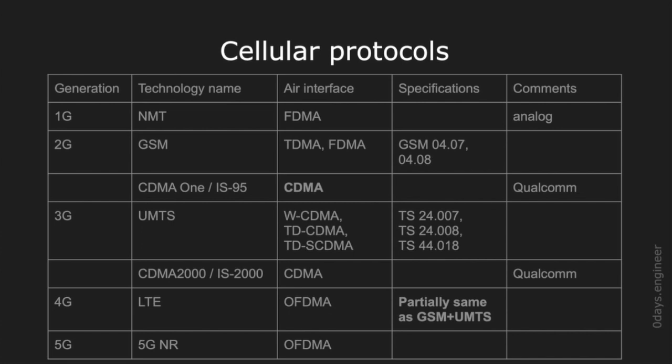Another low-level implementation is CDMA. It was a little bit more complex from the beginning. It's decoded as code division multiple access.